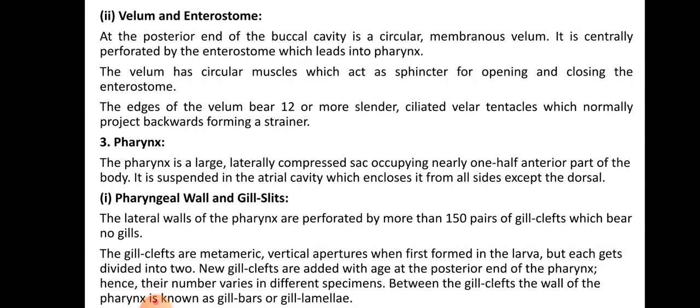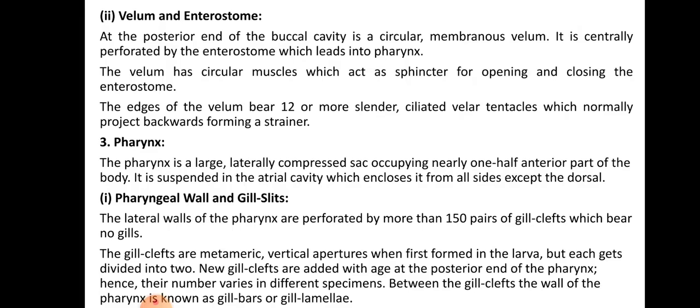The pharynx here is a very large, spacious and laterally compressed chamber forming the largest part of the alimentary canal. It occupies nearly the anterior half of the body, and it remains suspended in the atrial or peribranchial cavity, which surrounds it on all sides except the dorsal side.